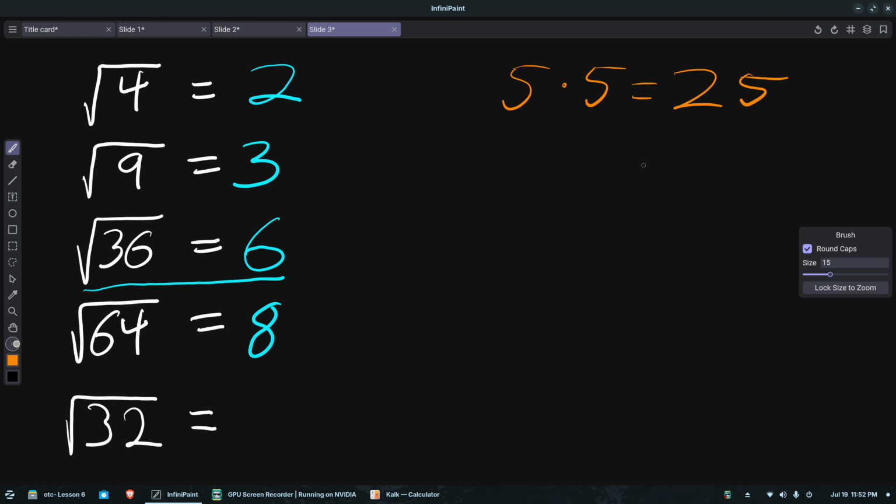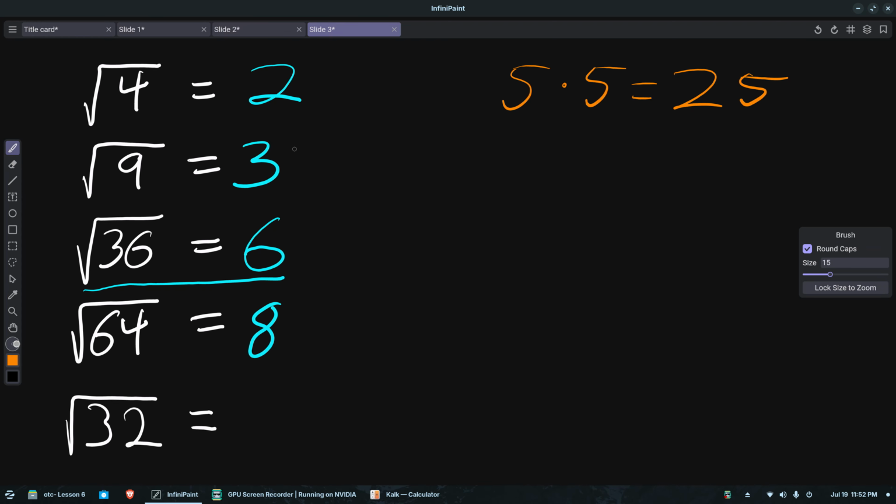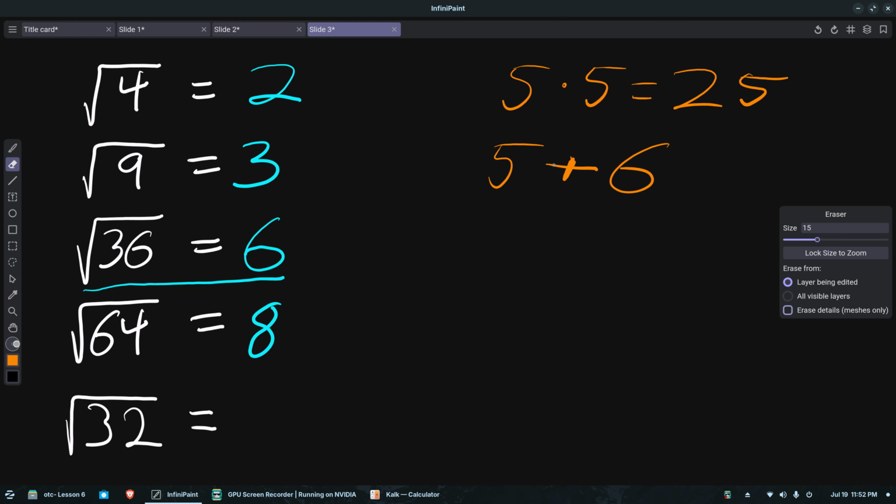So it has to be somewhere between 5 and 6. It has to sort of be in the middle of these two numbers somehow, right? Maybe that's not the best way of expressing it, because that kind of looks like a plus sign. But it has to be somewhere between 5 and 6.